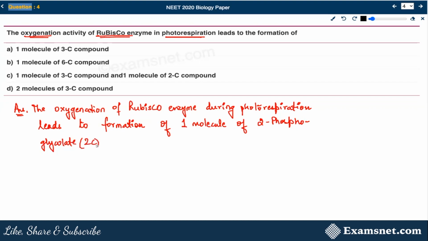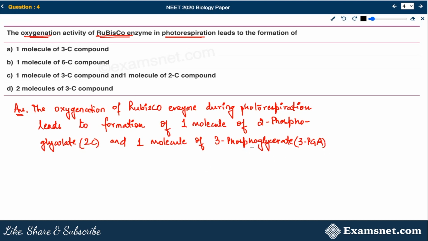Along with one molecule of 2-phosphoglycolate, there is another molecule also being formed, one molecule of 3-phosphoglycerate, which is shortly termed as 3-PGA.